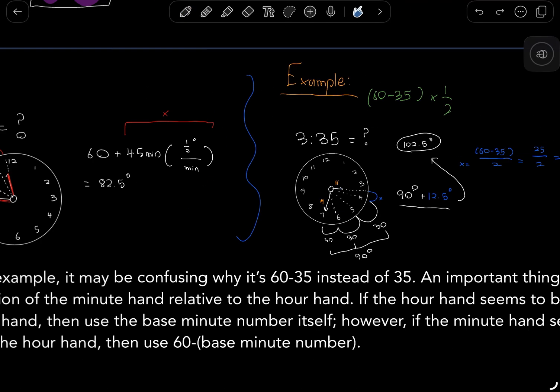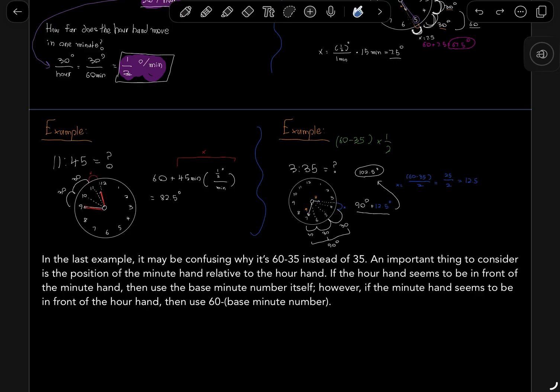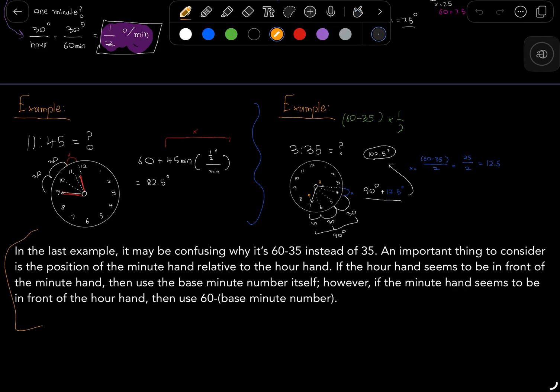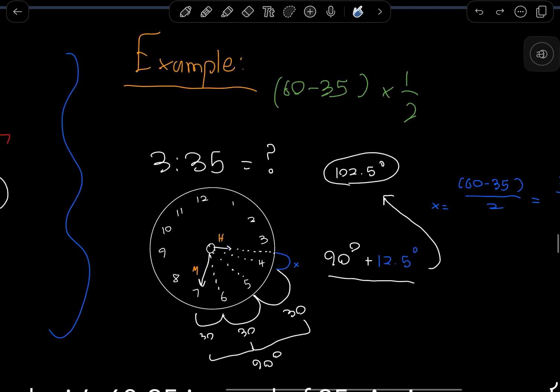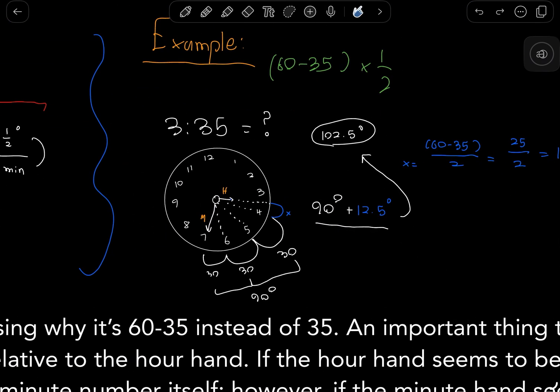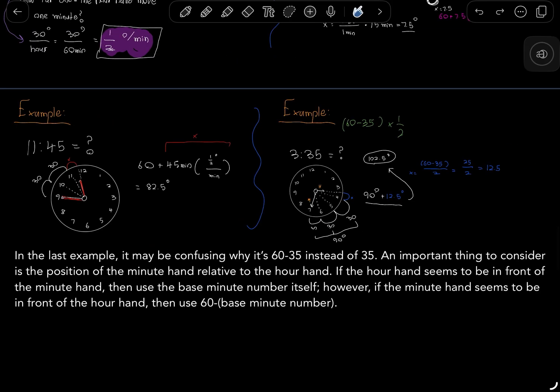The reason is, and this is a really important distinction to make when you're looking at these problems, that in the last example, it may be confusing why you do 60 minus 35 instead of just 35 times 1/2. The reason is that you have to consider the position of the minute hand relative to the hour hand.